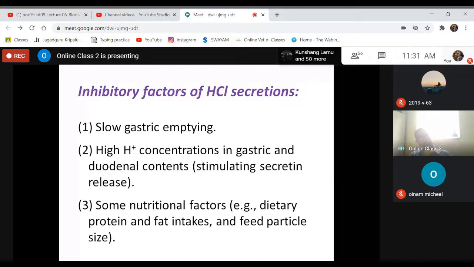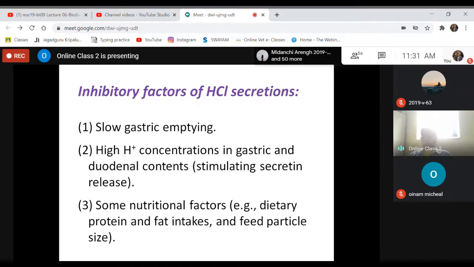Then high hydrogen ion concentration in the gastric and duodenal content may also be inhibitory to hydrochloric acid secretion, because it will stimulate secretin. Secretin is another hormone which is inhibitory to hydrochloric acid secretion.